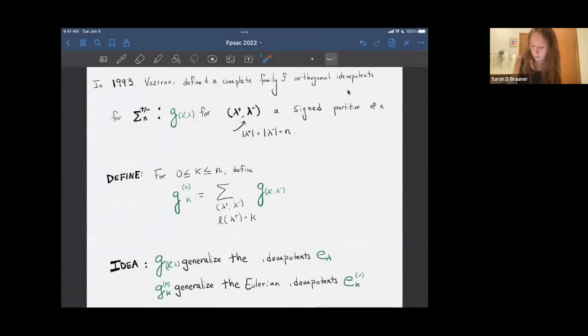So in particular, I'm going to sum over the positive part of the partition that has a fixed length. Okay, so this is going to give me n+1 idempotents indexed from 0 to n. And what you should think is that these G_lambdas are generalizing my E_lambdas. And these G_ks are exactly generalizing my Eulerian idempotents in type A.